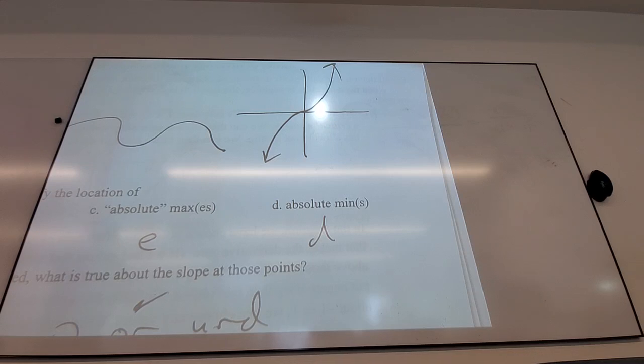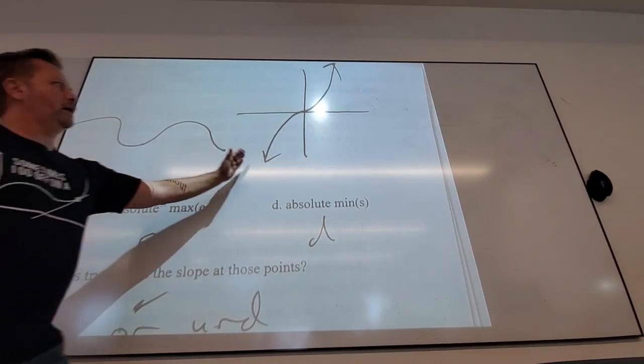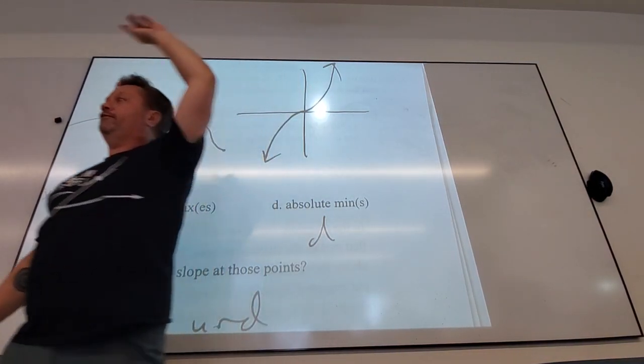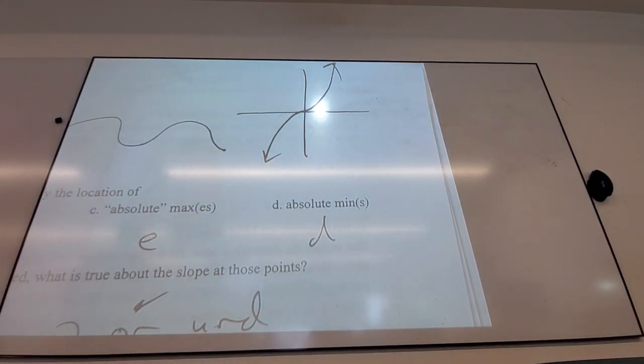So if I find where the slope is 0, that is a possible location of a max or min. Speaking in terms of slope, why was that not the location of a max or min? Because it was going up to it, and afterwards it continued going up. If it wanted to be a max, it would have to go up to it and then go down from it, correct?